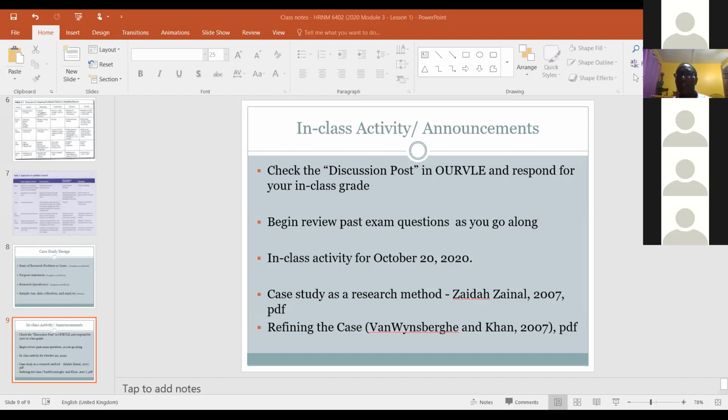And it is for that reason that in the next article, the one that says case study, a research method, you will come to realize that the argument there is that people stay away from case study, or feel that qualitative or case study isn't solid.